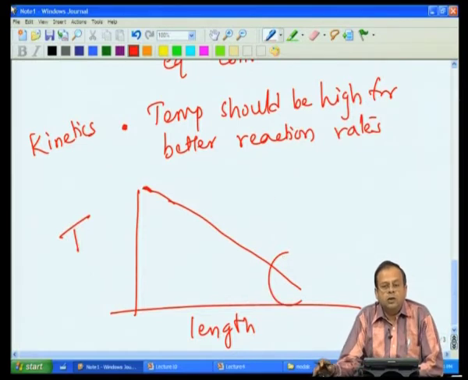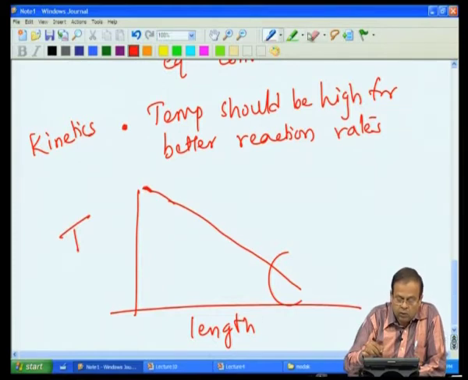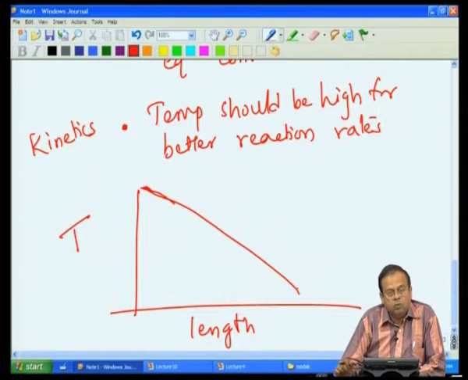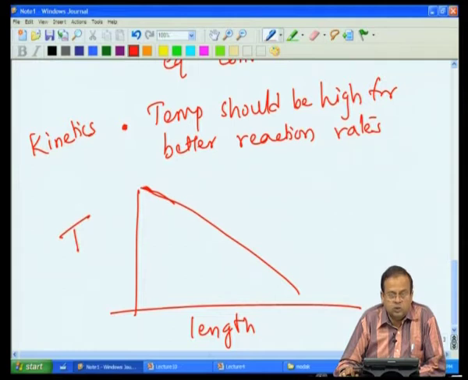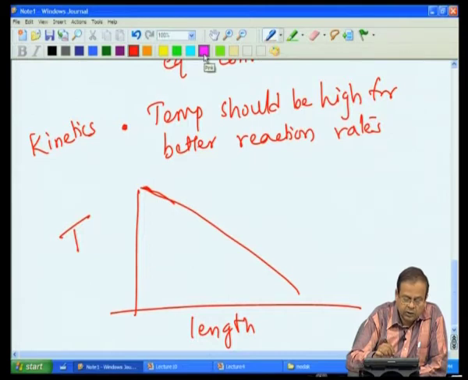Now, in a typical fixed bed reactor, manipulating temperature along the length of the reactor is extremely difficult. So, how can we overcome this problem? So, let me say that this is what I want to achieve. So, this is my ideal trajectory.